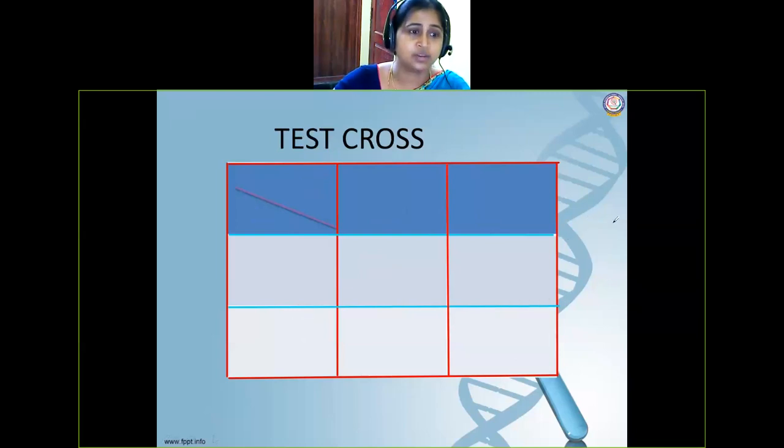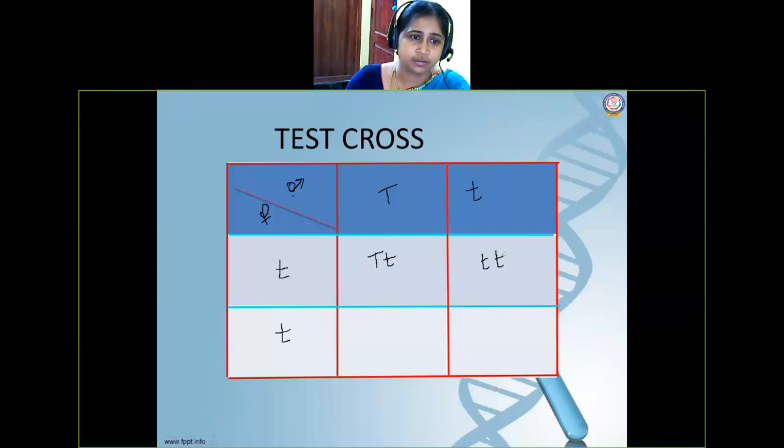Now, the next one, if you take test cross, same, let me take it. Capital T, small t. Here I'm giving a male character and here a female character. Same heterozygous, the genotype of the plant unknown. My known genotype should be what? A recessive character. So I'm going to intercross with the recessive character, small t, small t.